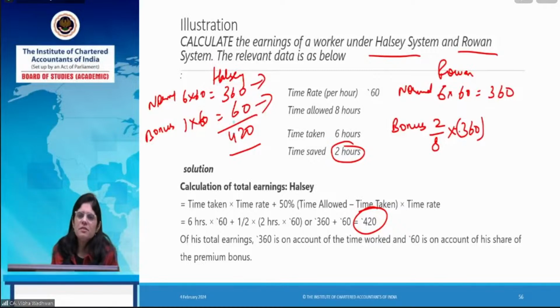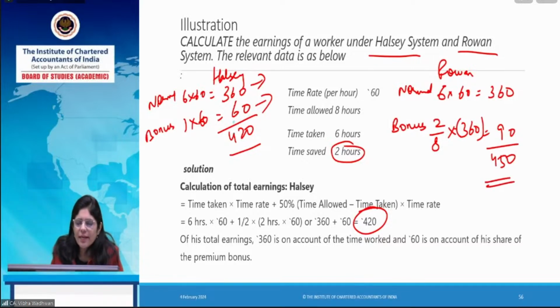Whatever is the percent of time saved to time allowed, that percent you will get as a percentage of your normal wages. Clear? So how much do you get as the bonus? It's 90. So 450 you are getting as per Rowan scheme.